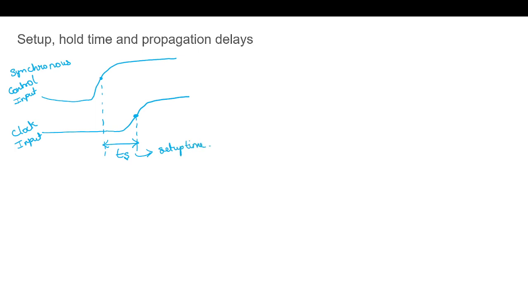A data input should be held stable for a certain amount of time before the clock edge, and that is known as the setup time. In a similar way, if this is the data and this is the clock, the time duration TH is called the hold time.